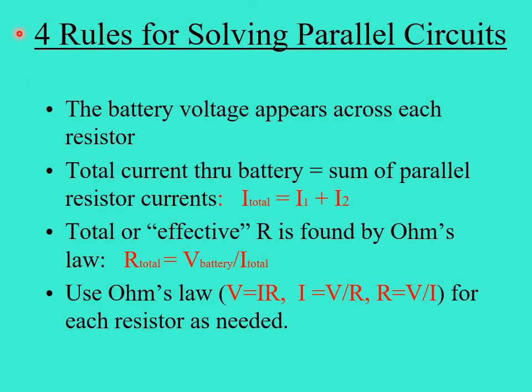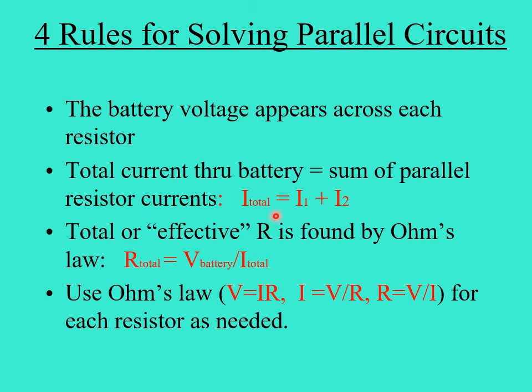So we can summarize all this for parallel circuits and come up with rules for parallel circuits. The first rule is the battery voltage appears across each resistor. So if you have a 12-volt battery, we have 12 volts across each resistor in a parallel circuit. Rule 2, the total current through the battery is the sum of the parallel resistor currents.